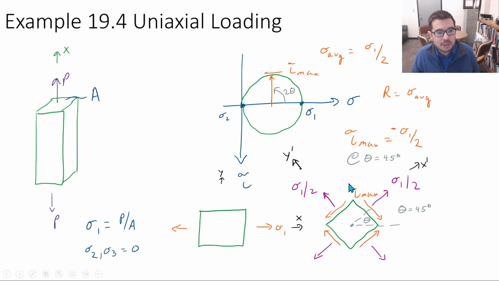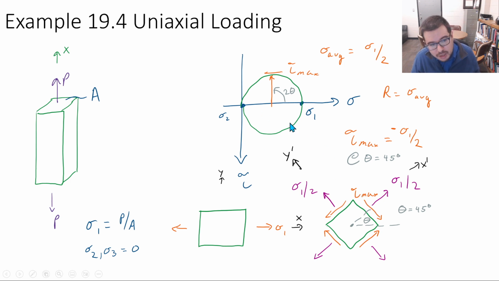And also we see that in this state of stress, when we've gone 45 degrees, this is not a pure shear case, obviously, but we still have normal stresses involved. And the shear stress is negative, according to our convention.